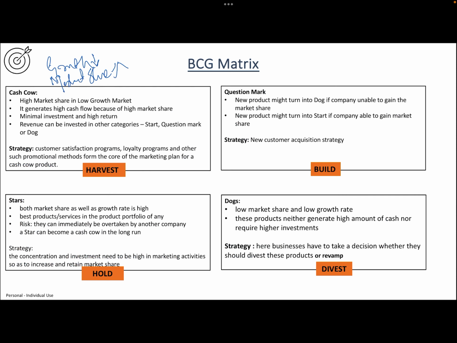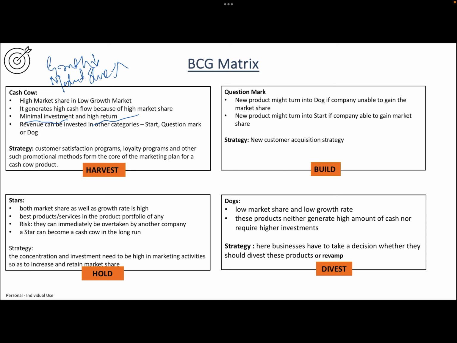So this is a situation where our focus should be harvest. What does it mean? Make minimum investment and get high return. Don't worry about any further investment there. Just produce the product, push it into the market, and take the cash.